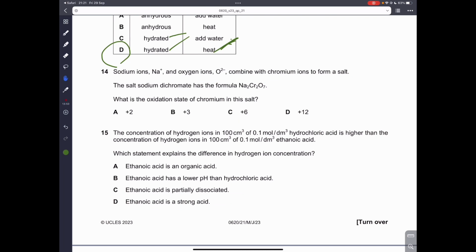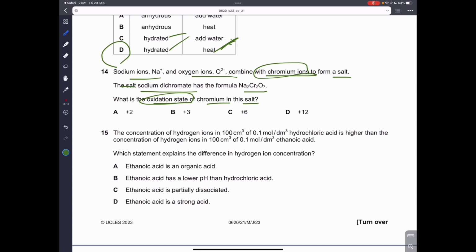Question 14. Sodium ions Na+ and oxygen ions combine with chromium ions to form a salt. The salt sodium dichromate has a formula Na2Cr2O7. What is the oxidation state of chromium in this salt? Okay, so we have to know the formula between these charges and ions.